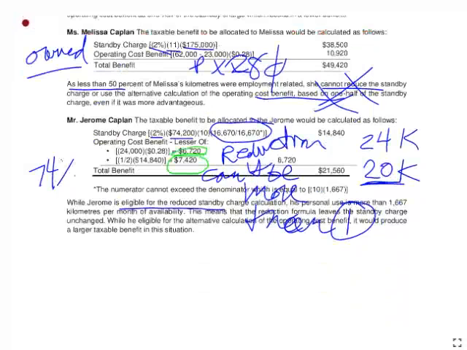So he also has a little bit of a weird scenario there. So this is too high, so we're not going to pick it. We're going to pick, this should actually be over here, the 6720. We get to choose here the lesser of. So it's not always going to be the half standby. In this case, his standby is pretty high, and the way these numbers crunch out, that's the one we pick.